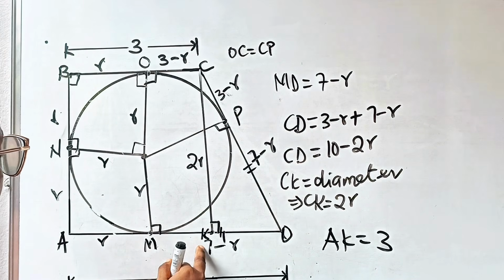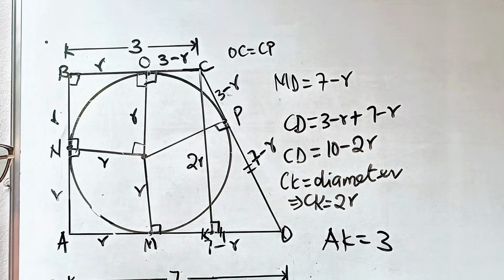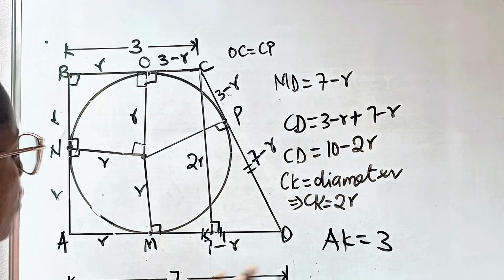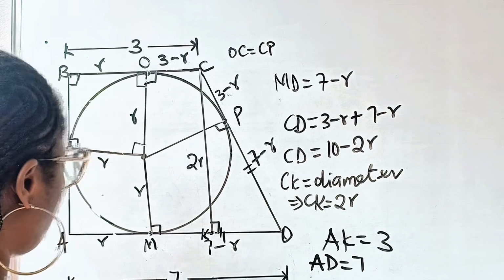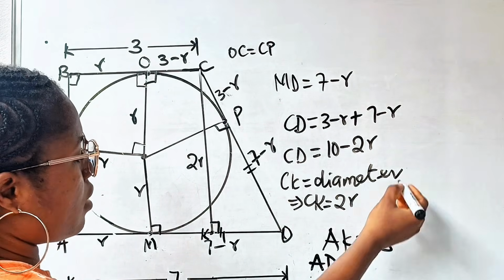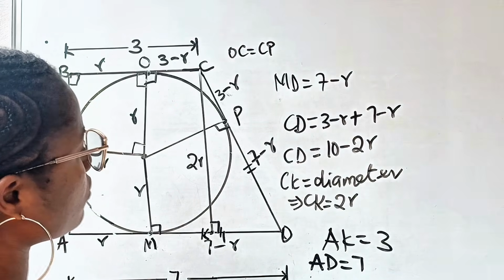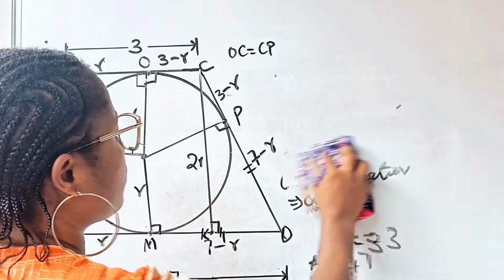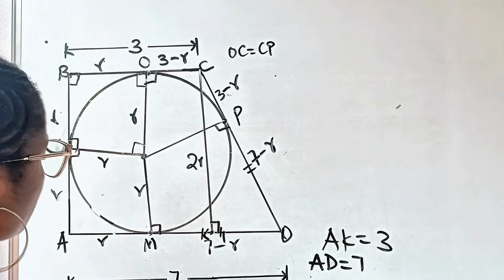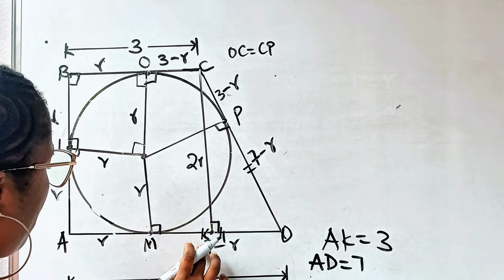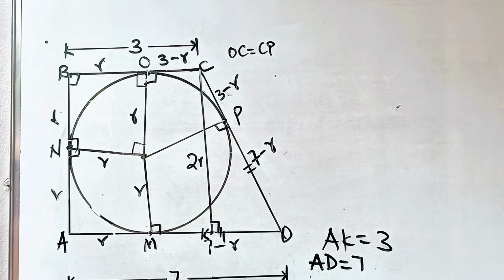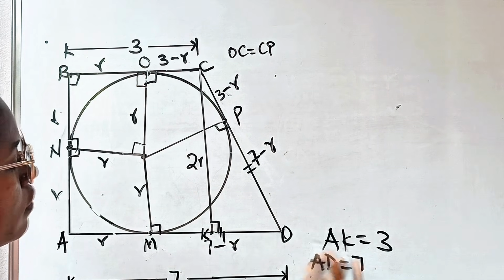Now, if A to K is 3 and A to D is 7, AD is 7, AK is going to be 3 according to what we discovered.